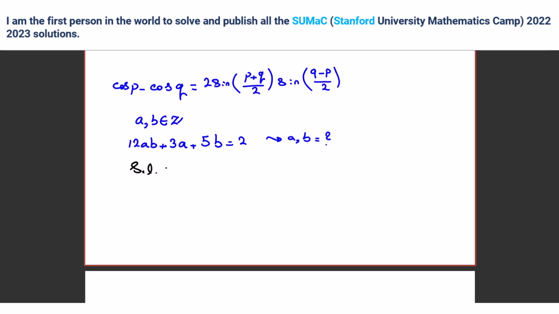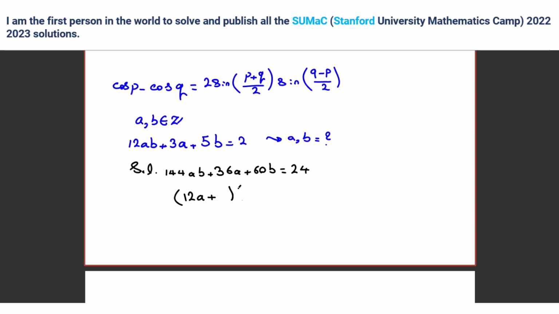So it would be 144ab plus 36a plus 60b is equal to 24. After that, we factorize: (12a plus 5) and (12b plus 3).